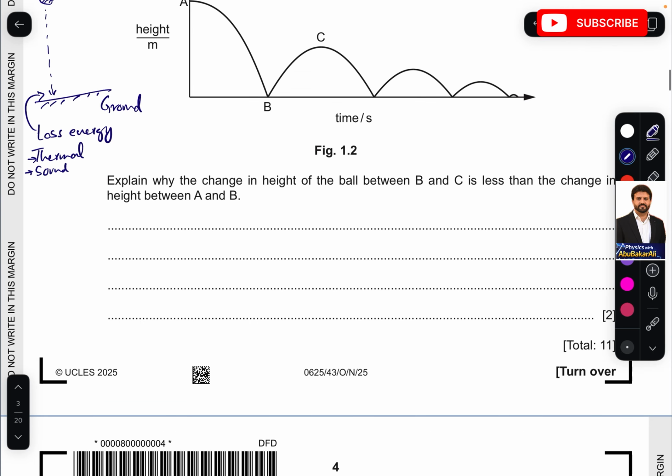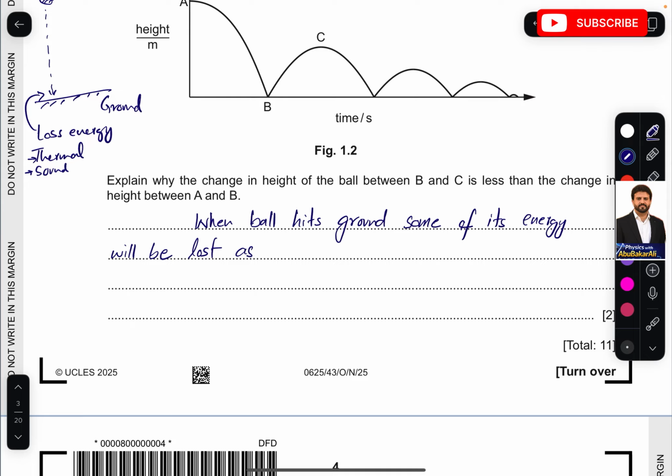So let's write it down. When the ball hits the ground, some of its energy will be lost as thermal energy.